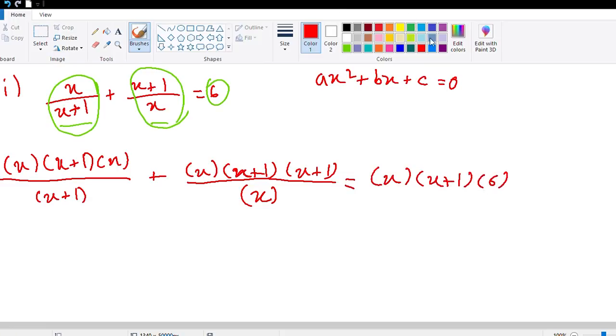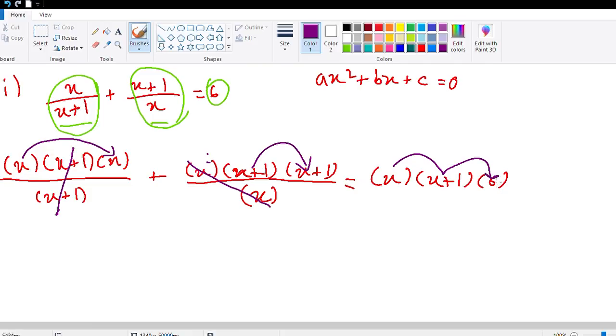Now we're going to eliminate the ones that are similar. So this x plus 1 and this x plus 1 cross out, and this x and this x cross out. Now we multiply this x and this x together, and this x plus 1 and this x plus 1, and then this x plus 1 and this x together.